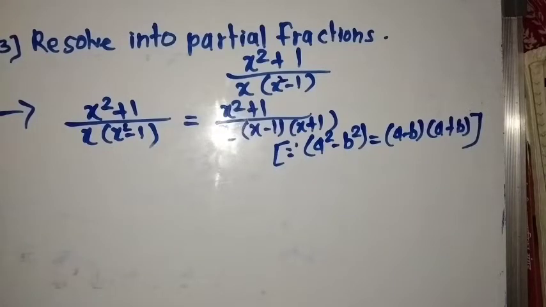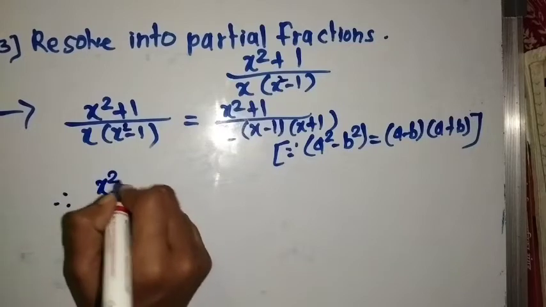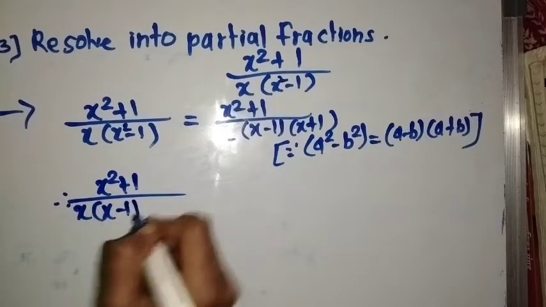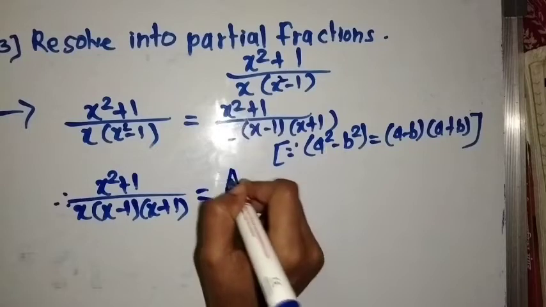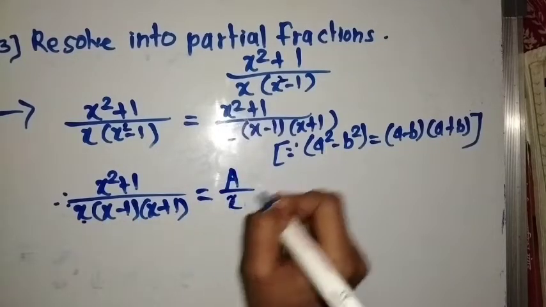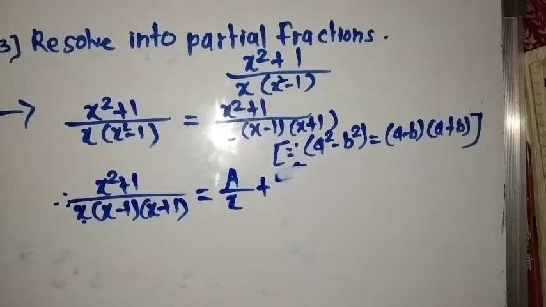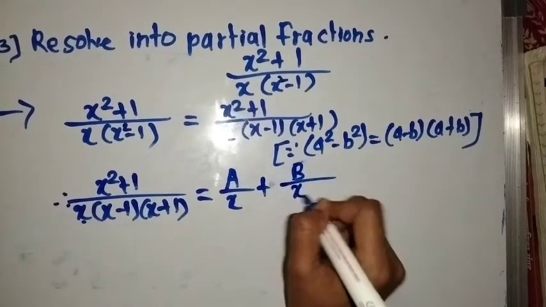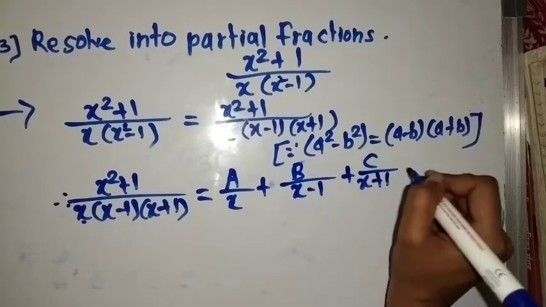Then the given fraction x square plus 1 upon x minus 1, x plus 1 is equal to a upon x plus b upon x minus 1 plus c upon x plus 1.